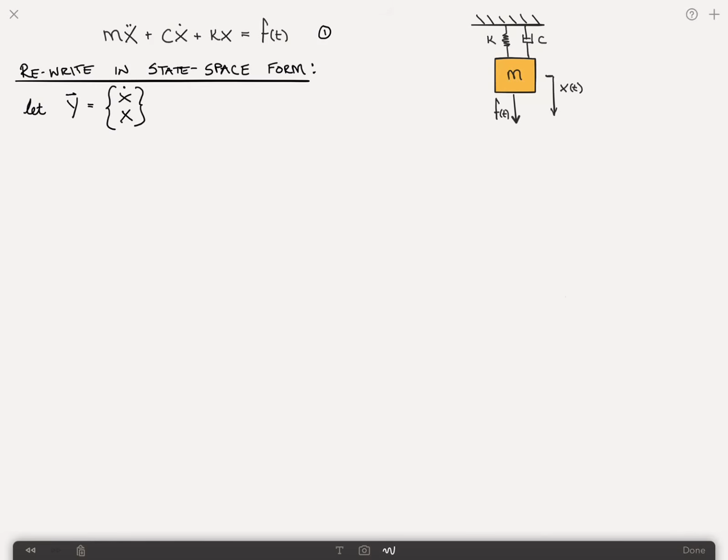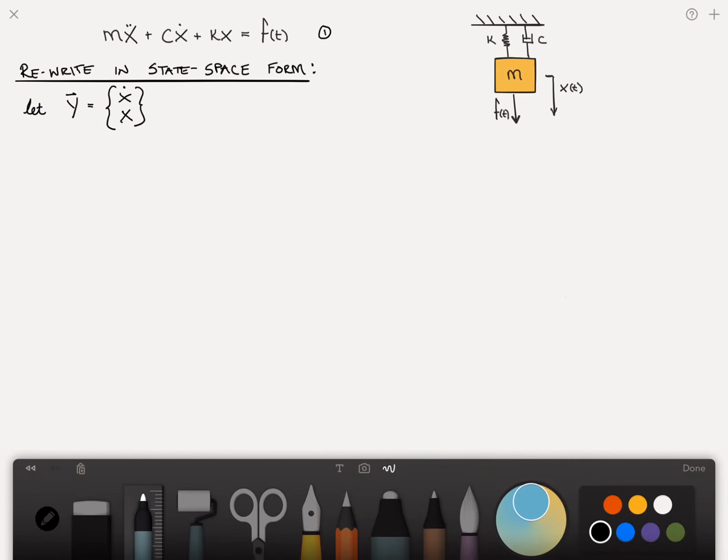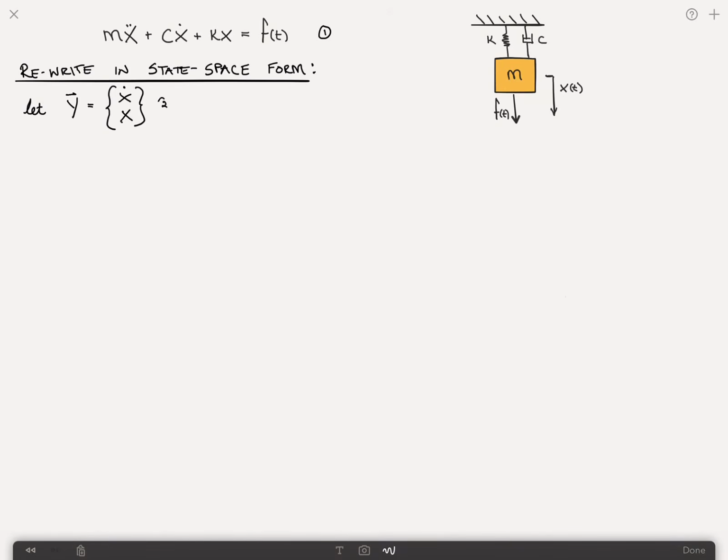I stack it in a vector, and I'm calling that vector y. And this would be equation 2. And what this implies, if I take the first derivative, the vector y dot can be written as x double dot and x dot. And that would be equation 3.